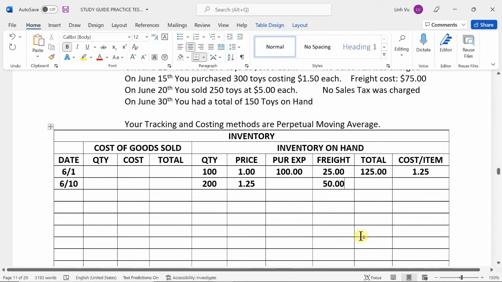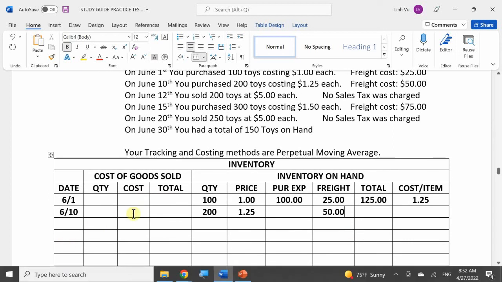So in this case, what's my purchase price here? $250. Okay, plus 50. $300. Okay. Now, I'm using moving average. What do I need to do?